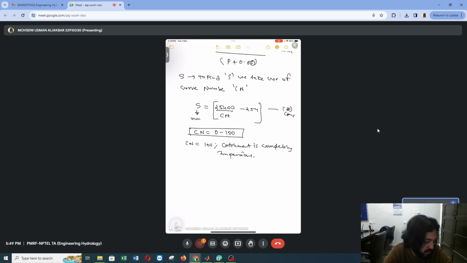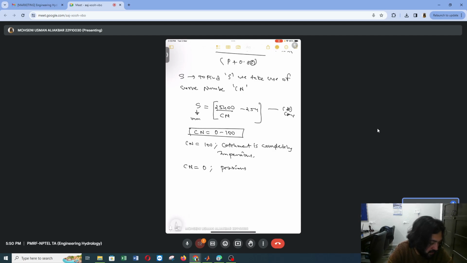It means the surface is more of an urbanized area. So a Cn value of 100 means the surface is more urbanized, so there will be less infiltration, right? So the S value will be less. And for the second case, if the Cn value is 0, it means the catchment is completely pervious.